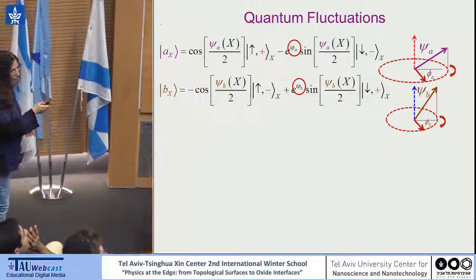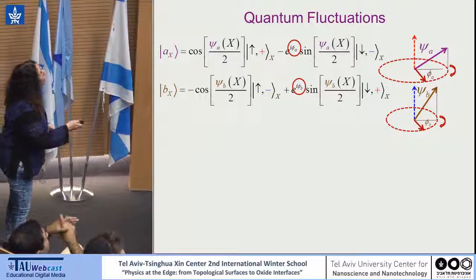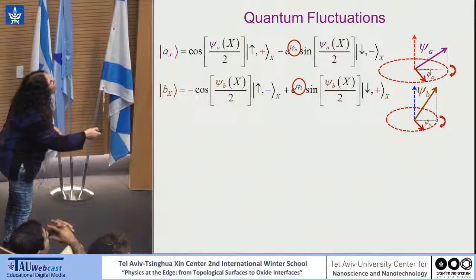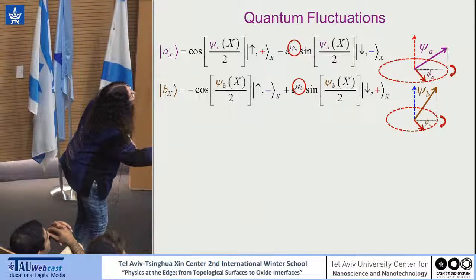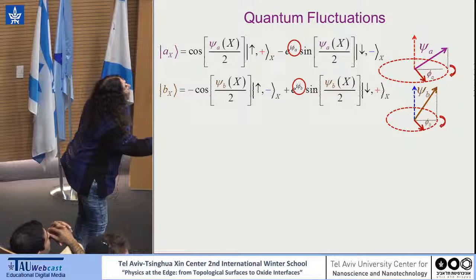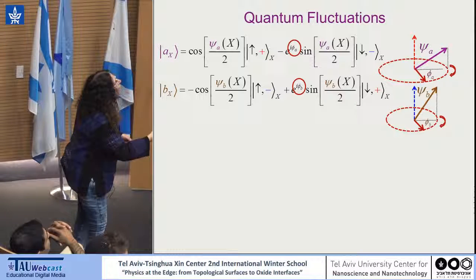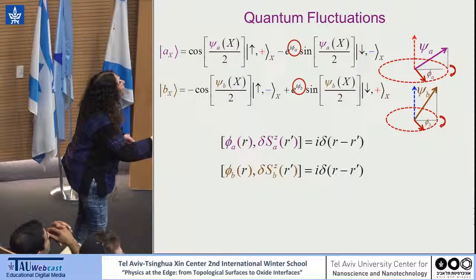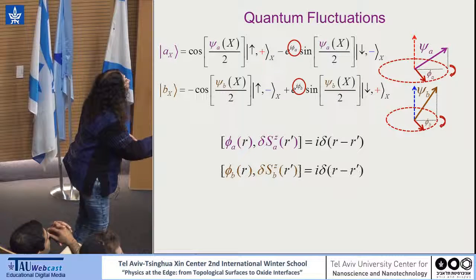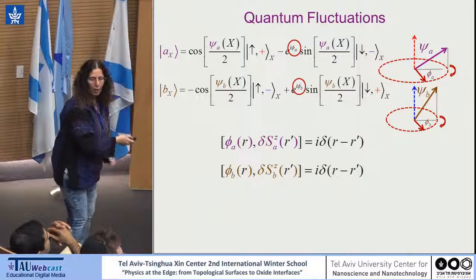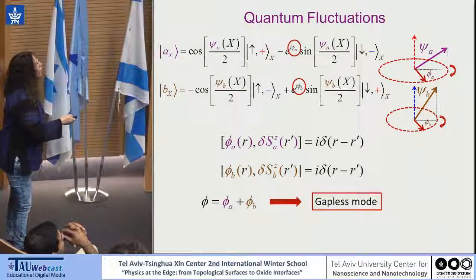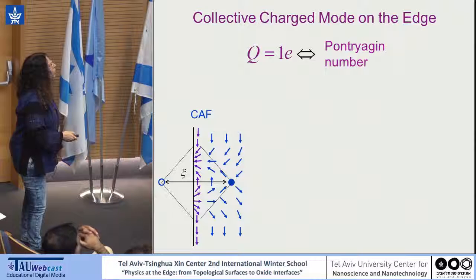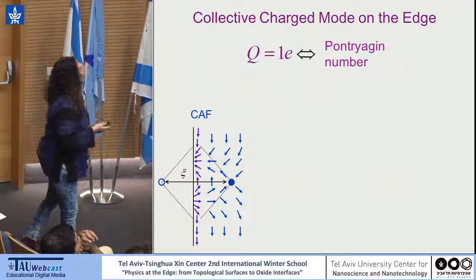You can characterize them as fluctuations which involve rotations of the spins in the plane and fluctuations in the amplitude, and there are some non-commuting operators associated with them. And without getting into details, let me just summarize what you find.